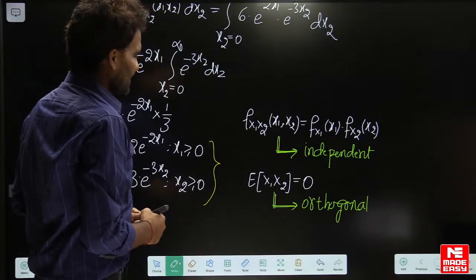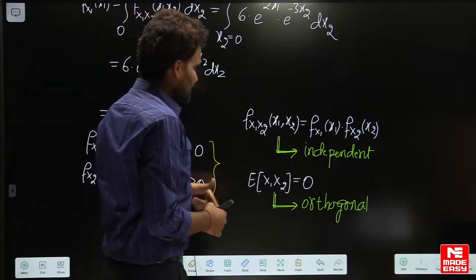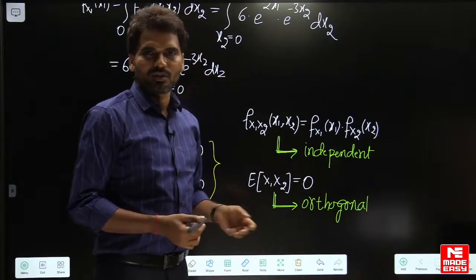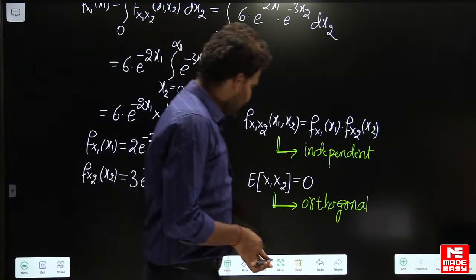So if expectation of x1 x2 is not equal to 0, then we can't say x1 and x2 are orthogonal.